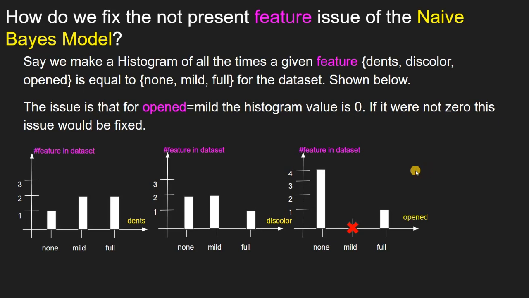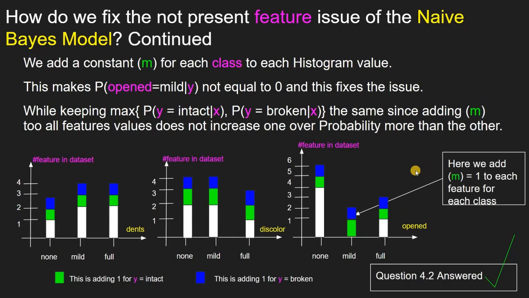Well, let's move on. How do we fix the not present feature issue of the naive Bayes model, continued? To fix the issue, we add a constant m for each class to each histogram value. We've edited our histogram so that for every feature value, we add an example of y equaling intact, represented by the green box, and an example of y equaling broken, represented by the blue box.